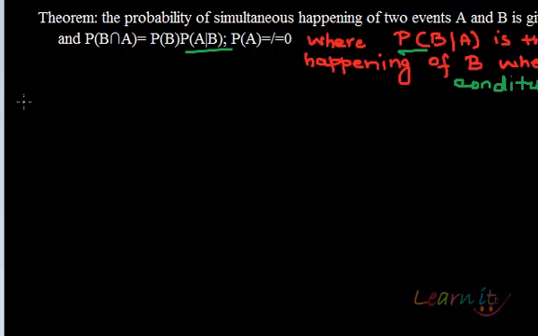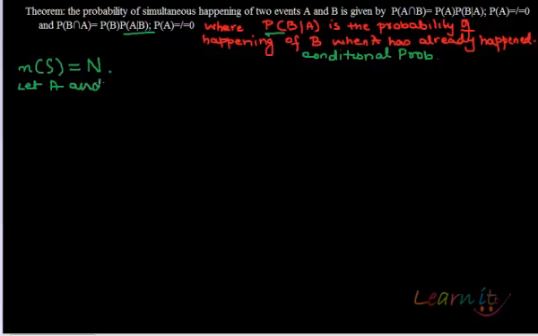Let us assume your sample space to be N, and A and B are events associated with the same sample space.